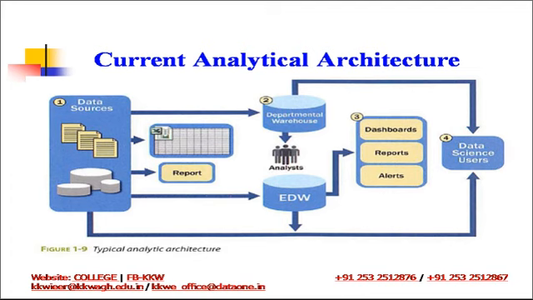Now as I have already said, this data which is generated from these multiple data sources is in raw form. So some form of cleansing or data cleaning is needed. Once this cleaning is done, the data is moved to the second component of our analytical architecture, that is the departmental warehouse. What is this departmental warehouse?